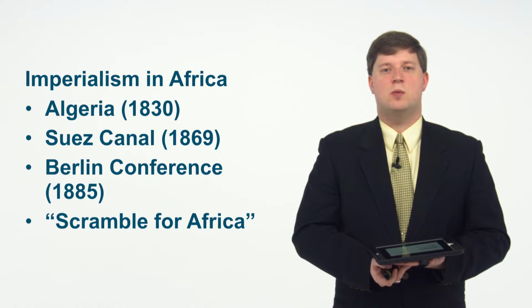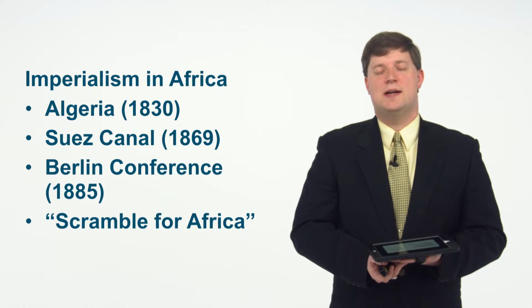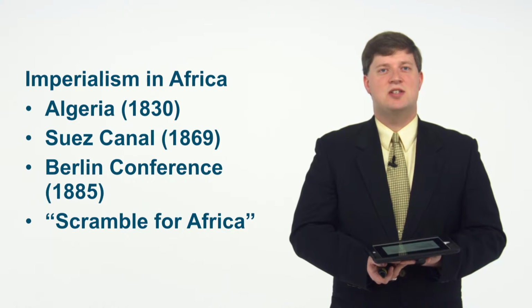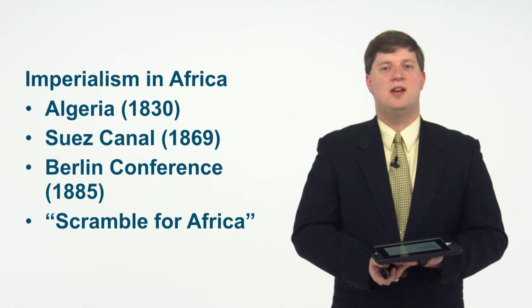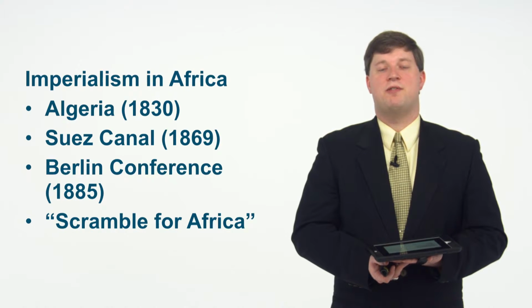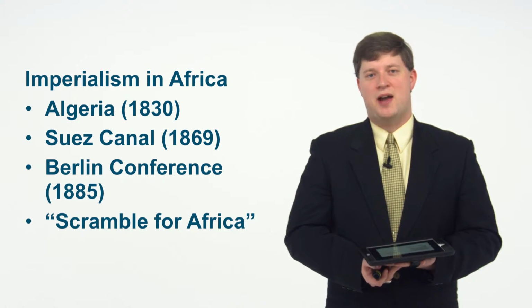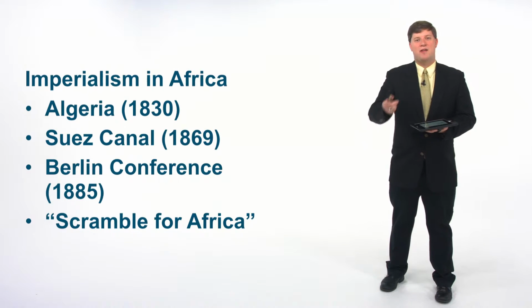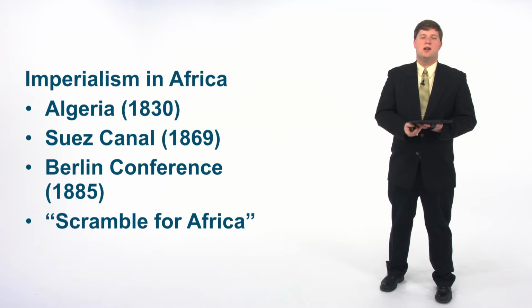Two things in particular which might help explain why imperialism really kicks off in Africa is, in 1869, the Suez Canal is opened, and this Suez Canal not only fundamentally transforms world trading patterns, namely allowing you to cut through the Suez Canal rather than having to send your ship all the way around the tip of Africa, but it also therefore makes Africa more important and more easy to reach.